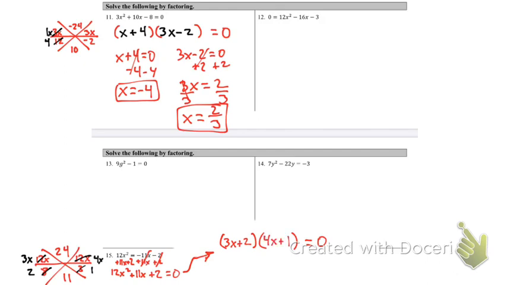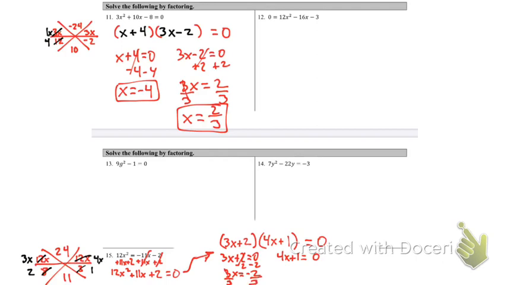And then to solve, we're going to put each of them equal to 0. So 3x plus 2 equal to 0. 4x plus 1 equal to 0. Let's solve. Subtract 2. 3x equals negative 2. And then we divide by 3.